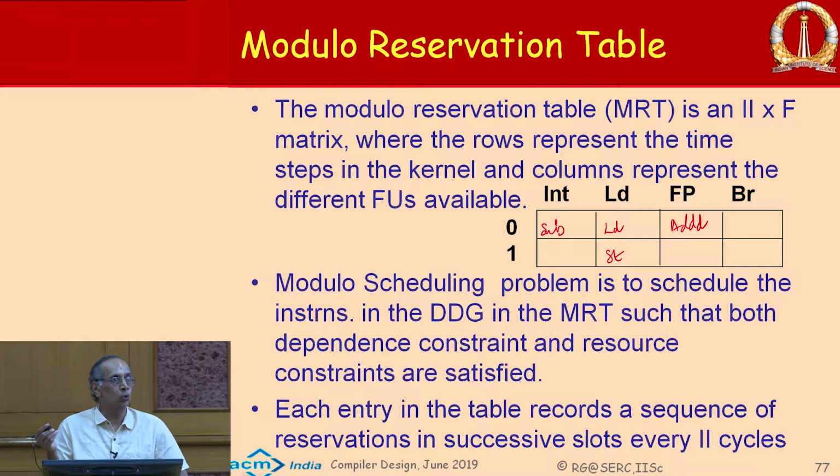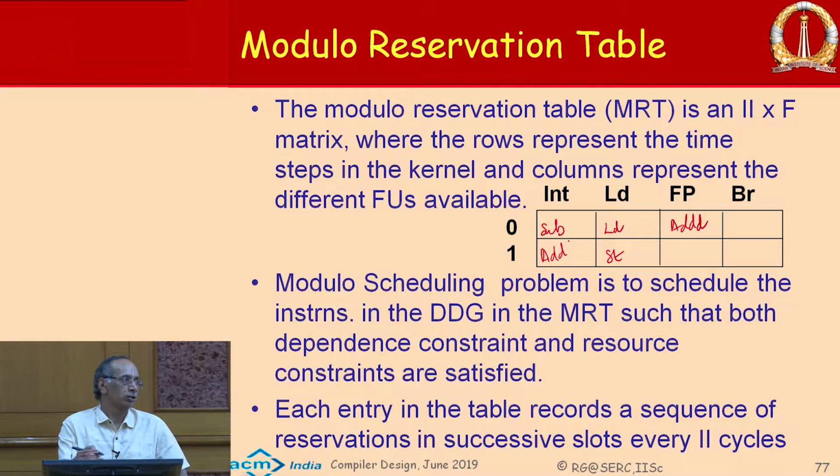Let us say you want to schedule the integer add in time step 2, 4 or 6, is it possible? No, because the subtract is already there. So, you can only try the other time step. For example, if you are trying time step 4, it is not possible because subtract is already there. Then you will try time step 5 and see whether it can be scheduled. If it can be scheduled, you put it there.